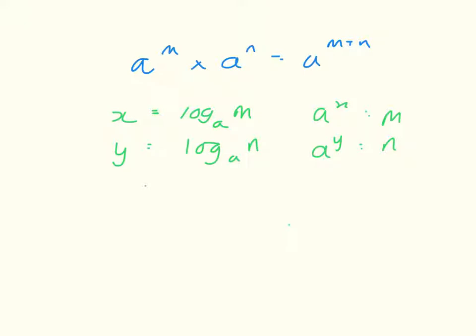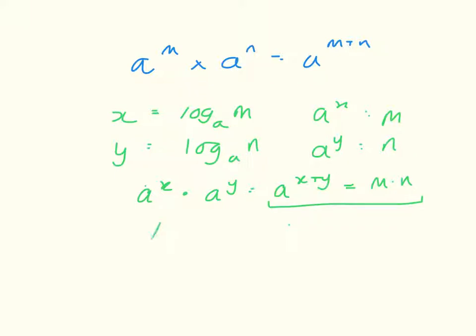Okay, so now using my exponent law, we can say that a to the power of x times a to the power of y is equal to a to the x plus y, which is equal to, of course, m times n. So we now have a new expression. Looking at the second half of that expression, we can rewrite this using our logs.